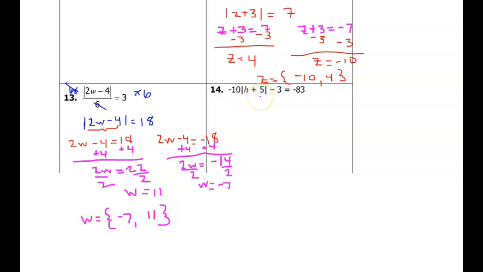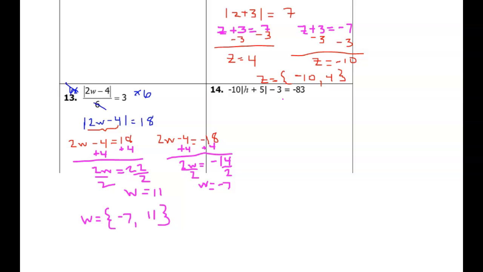Before we divide, we want to do our inverse operations backwards. So we probably don't want to divide first. We probably want to take care of that 3 that's being subtracted. We handle the addition and subtraction first, and then the multiplication and division.